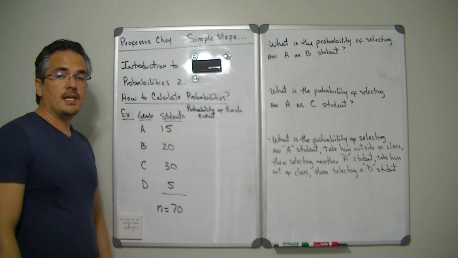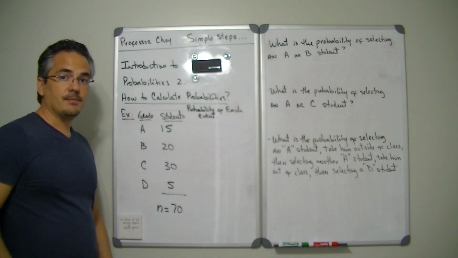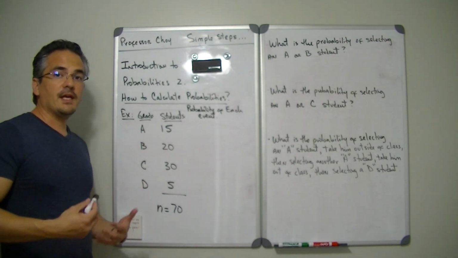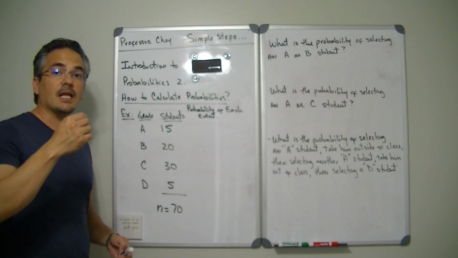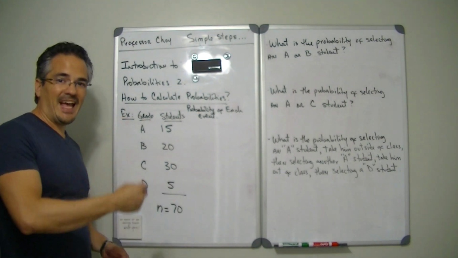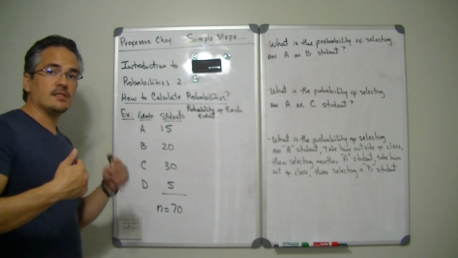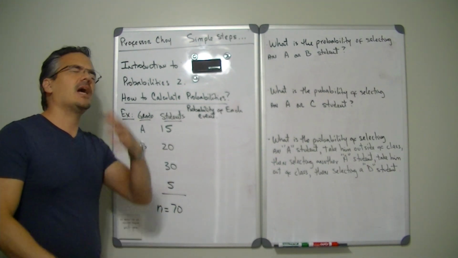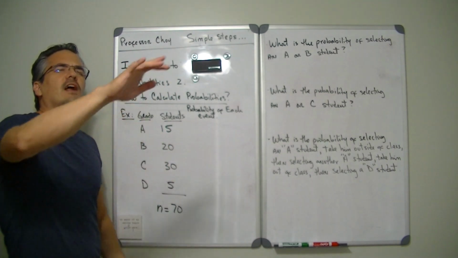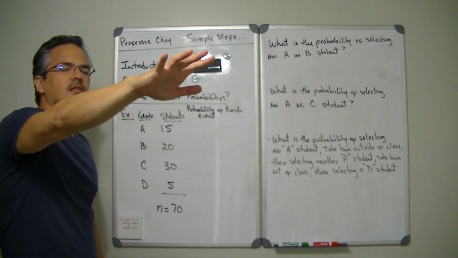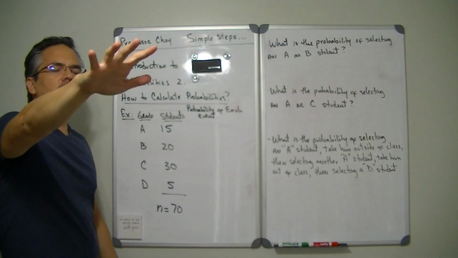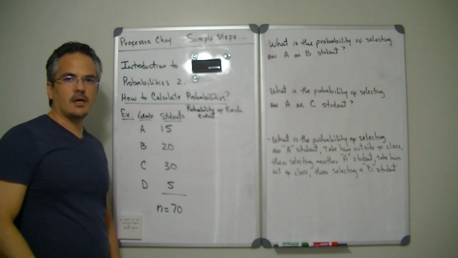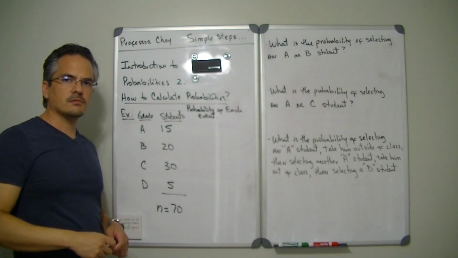Okay? And then imagine that somebody asks me, what is the probability that a student got an A? This is similar to saying, imagine that I'm blind and I'm going to randomly pick a student in the class. What is the probability that the student got an A? It's a very similar question.